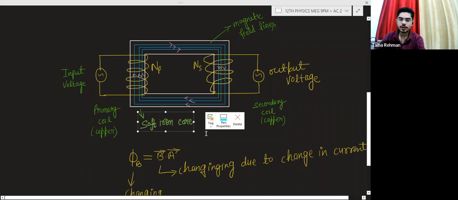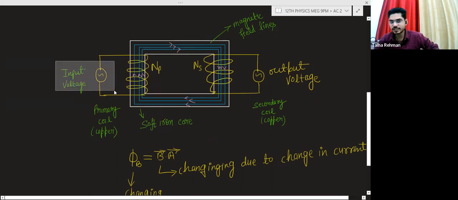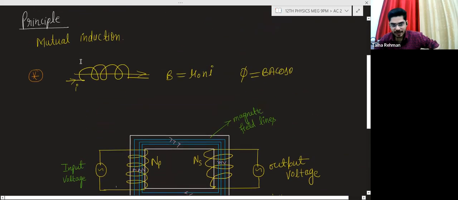Now you will say, sir, what is this blue color thing? See this yellow color winding. If this yellow color winding has some input voltage, it means this winding will have current. Now see here, what happens when the winding has current?